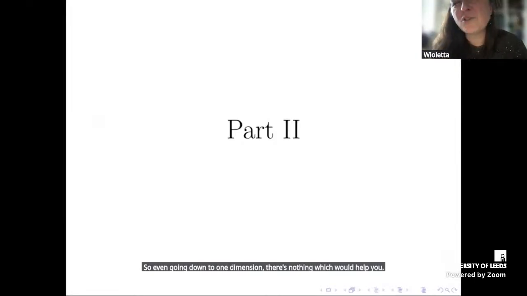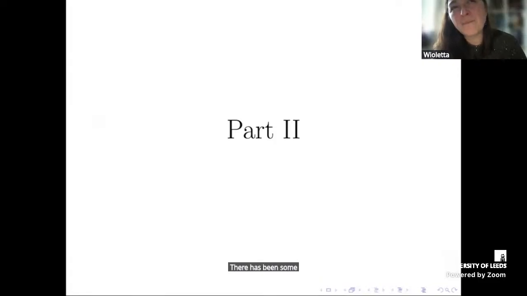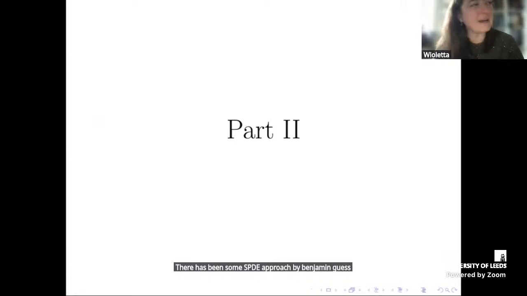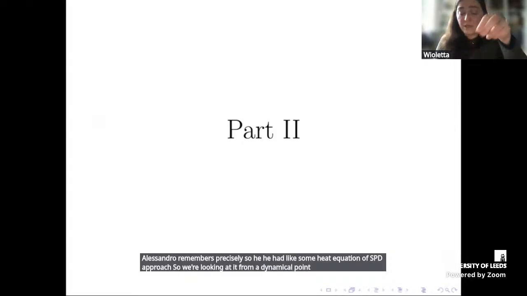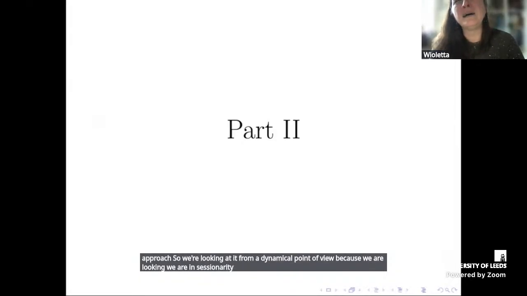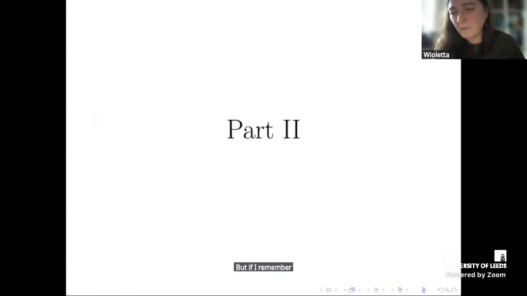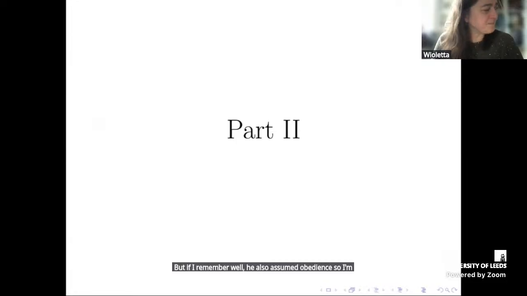Yeah, there has been some SPDE approach by Benjamin Gess and those groups, if Alessandro remembers precisely. So he had some heat equation SPDE approach to the sandpile, so really looking at it from a dynamical point of view, because we are in stationarity. But if I remember well, he also assumed abelianness. So I'm not sure.